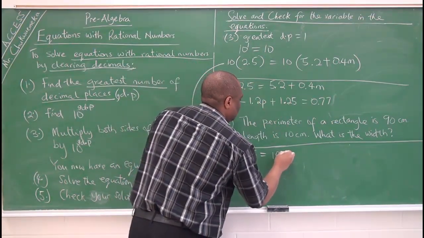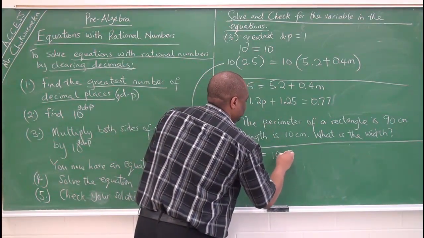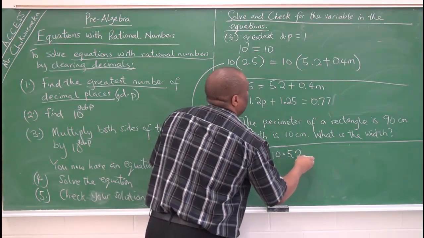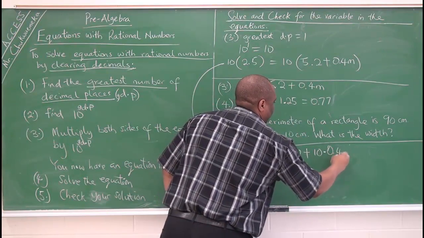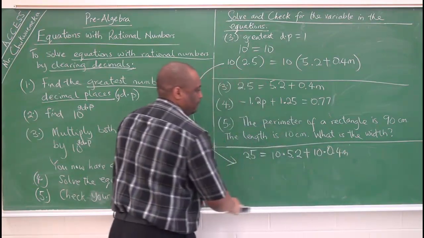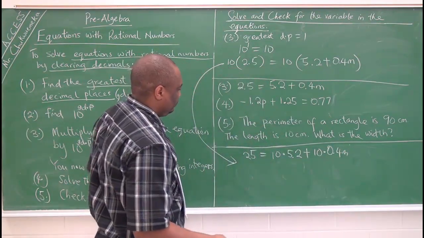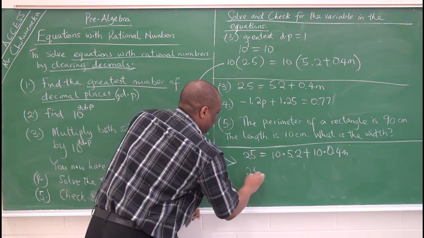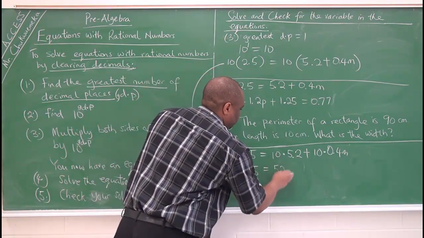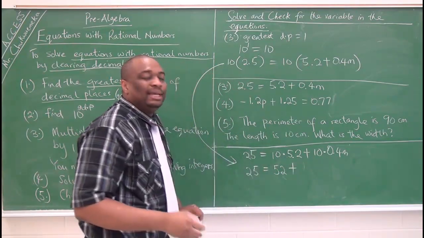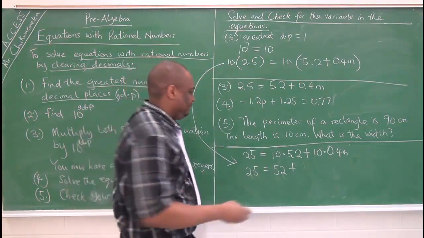This will be 10 times 5.2 plus 10 times 0.4n. So this will now be 25 equal to 10 times 5.2, which is 52, plus 10 times 0.4n, which is 4n.